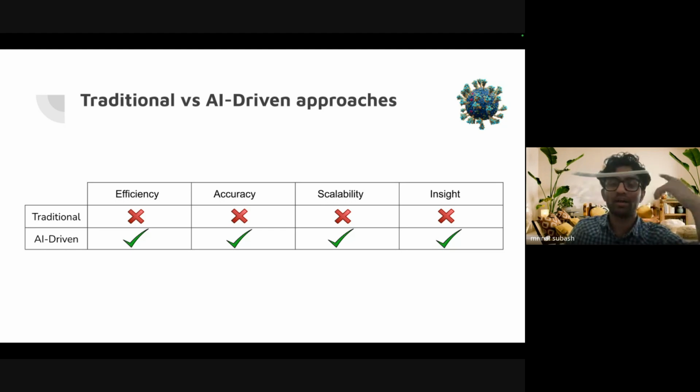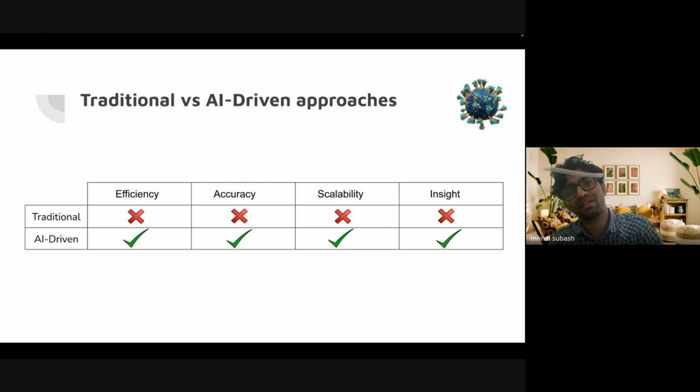Since traditional methods are time bound, a certain chemical compound can be tested on a certain disease only once at a time, right?